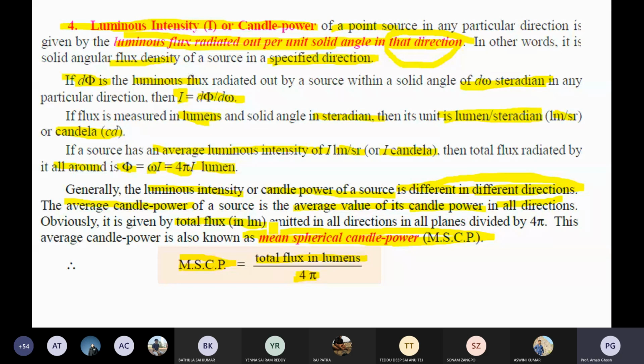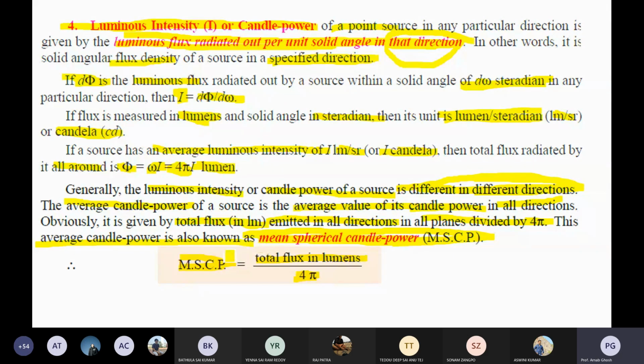What is mean hemispherical candle power? The average is taken over the hemisphere instead of the sphere. Normally you take the sphere, but what if the direction is only for one hemisphere? Then there is no need to take the other direction, so the hemisphere is more than sufficient.